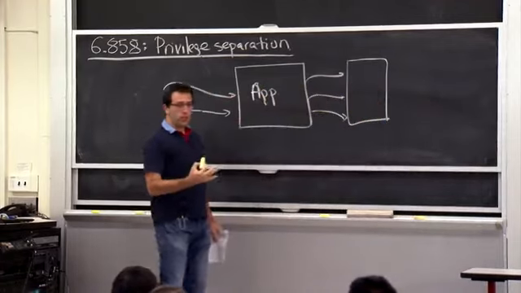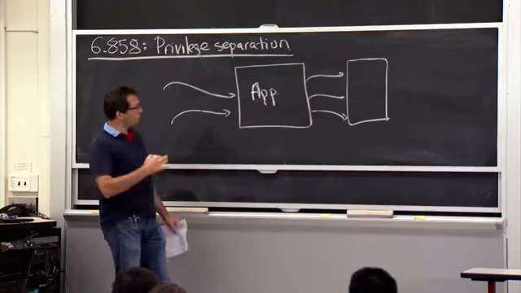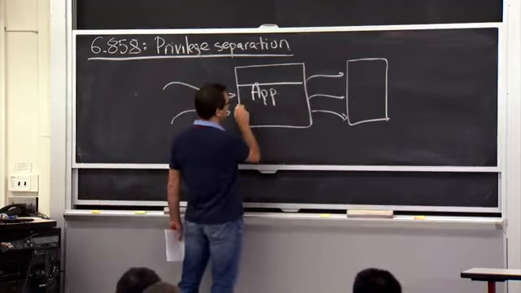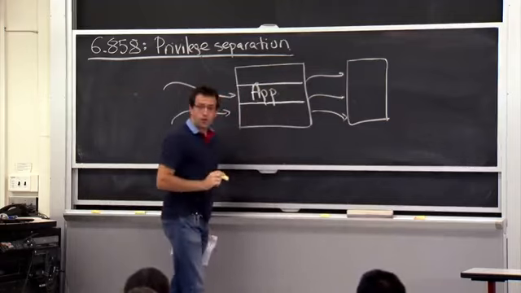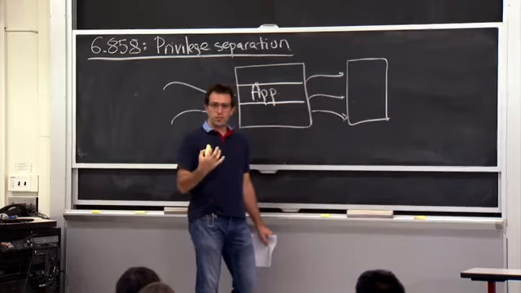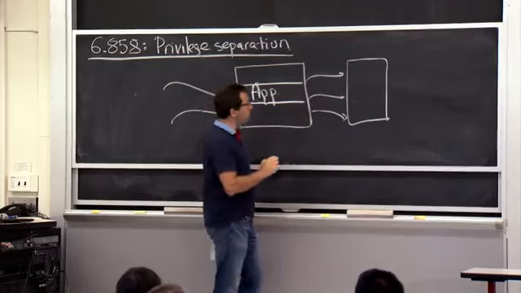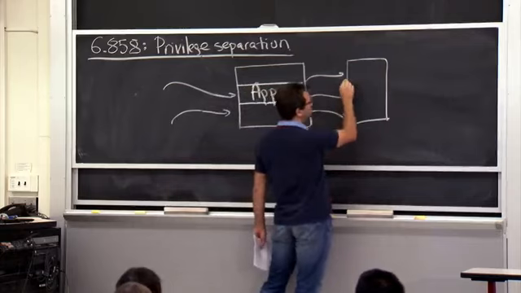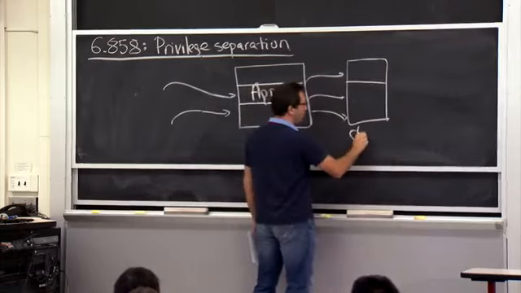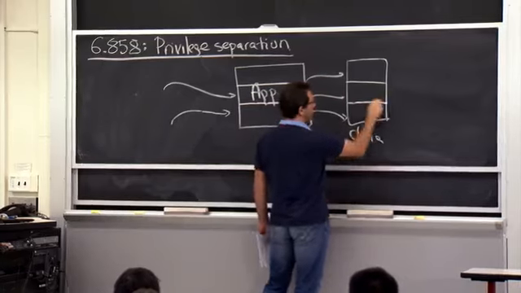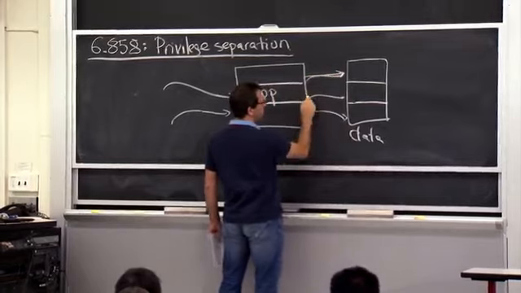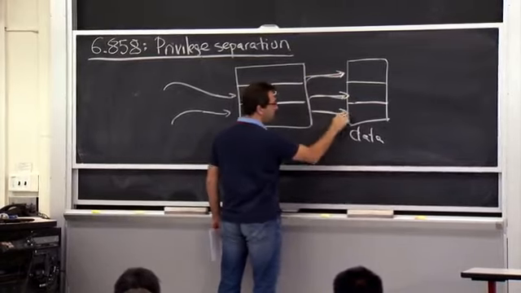And what privilege separation tries to do, and what we'll look at in this lecture, is to take the application and chop it up into different pieces and make sure that each piece has only the necessary privileges to do its job correctly. So you could imagine maybe if all the privileges you care about are access to data in the back end, then maybe you can slice it up in some way, give this piece access to this piece of data, this piece access to this piece of data, and so on.